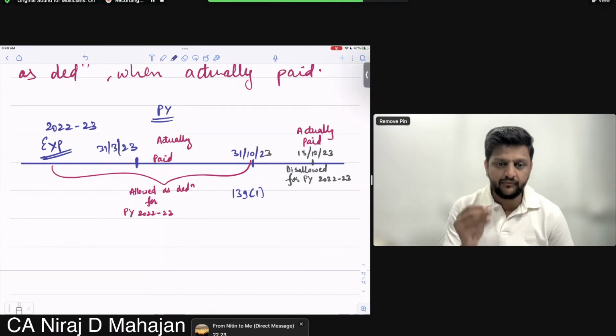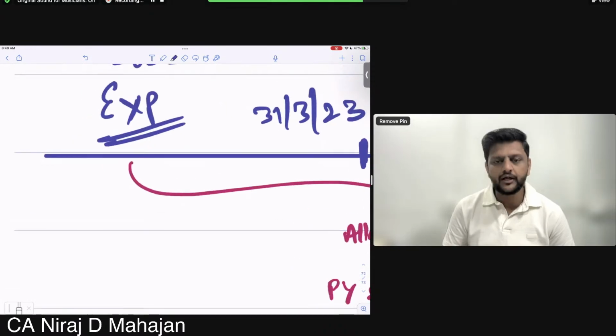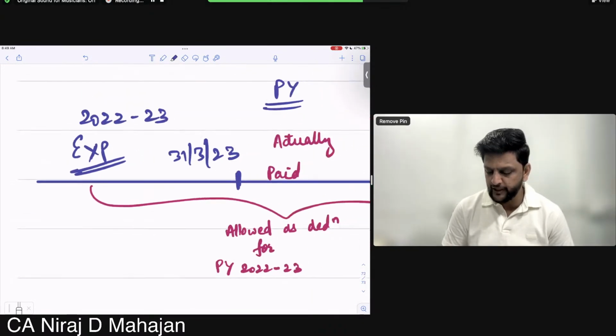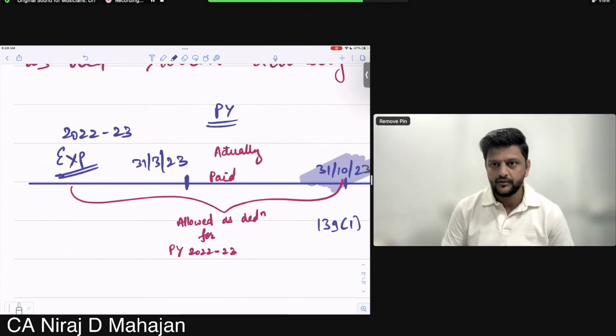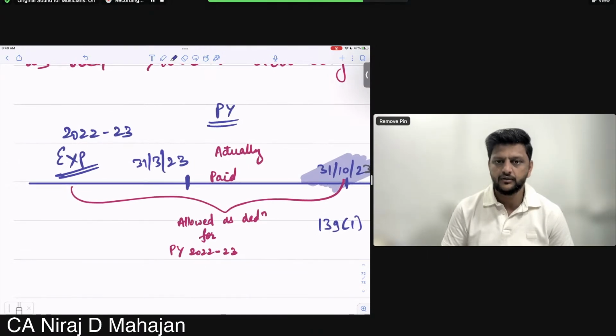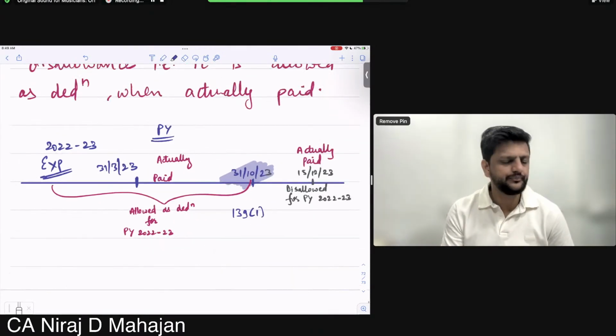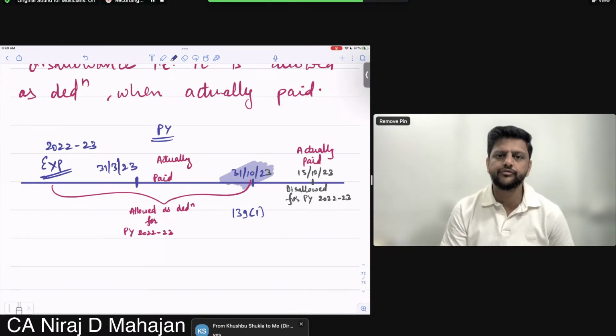So when I am filing my income tax return over here, can you see or no? That time I will disallow the expenditure. Why? Because it was already done provision or P&L debit, but I did not pay up to 139 due date. Therefore, I will disallow. Agreed? But later on I paid, na? Later on, bachcho, I paid on 15th December 23. What will happen then? Will it be allowed or not allowed?